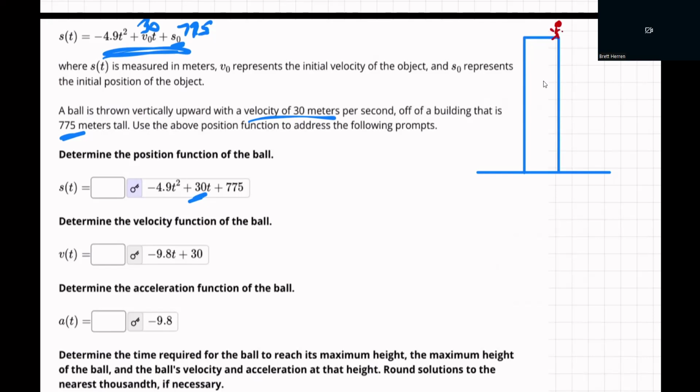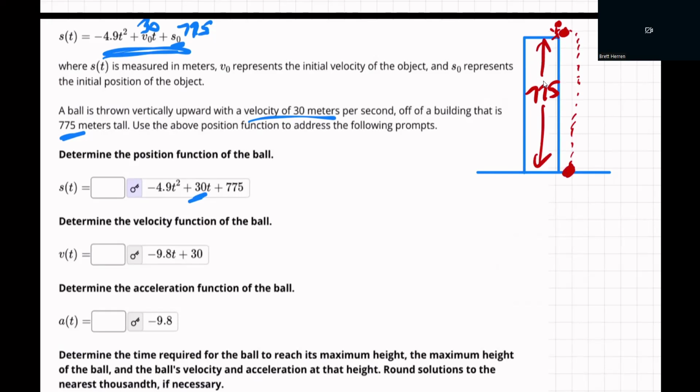They throw a ball off the building, the ball goes and hits the ground. So the ball started off at 775 meters of height, and they threw it off, and it came down and hit the ground.